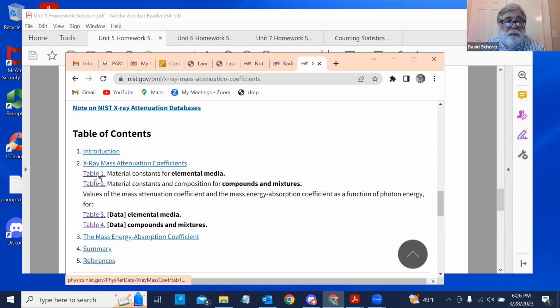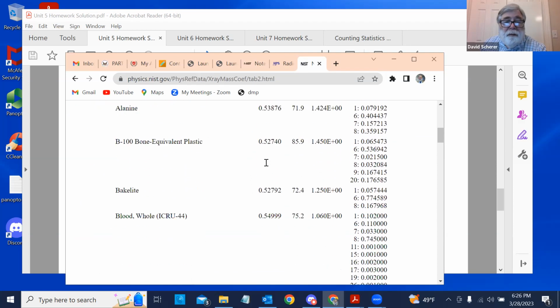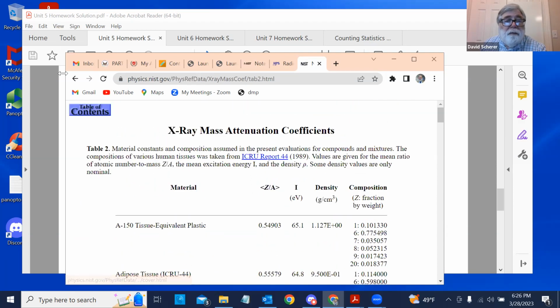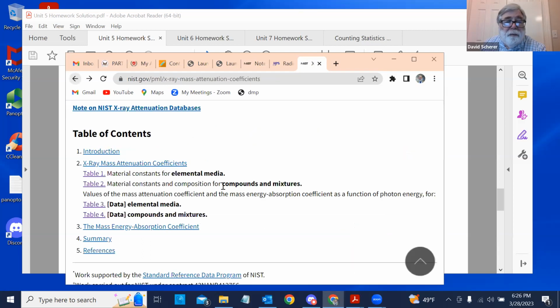This is for air, so I needed to go to compounds and mixtures. And this is wrong. I made it wrong. That's the data. Okay.